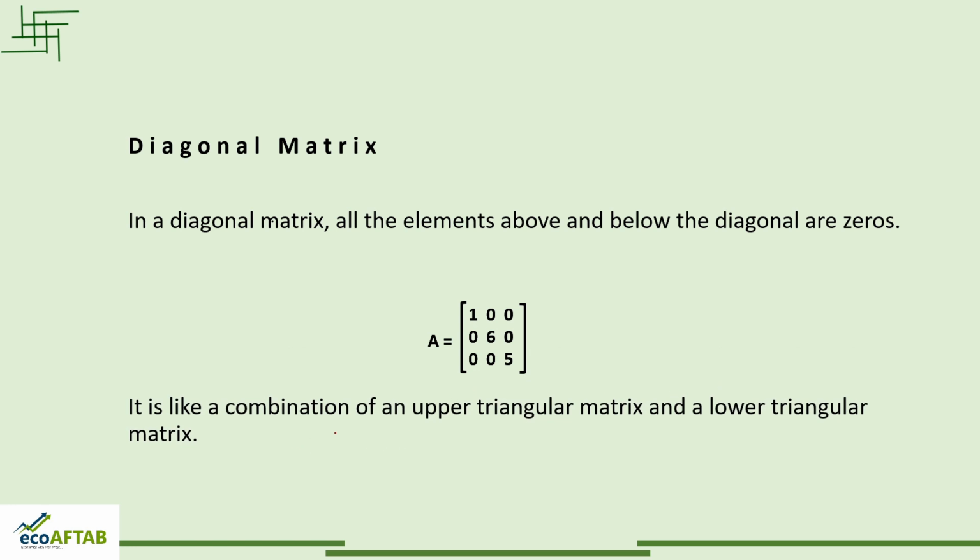Now, you can see it is like a combination of upper triangular and lower triangular matrix. Here, on the upper triangle there are 0s, on the lower triangle also the elements are 0. Through this we can get two different types of matrix further.